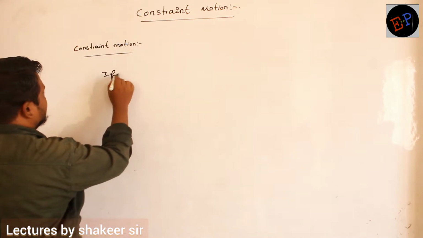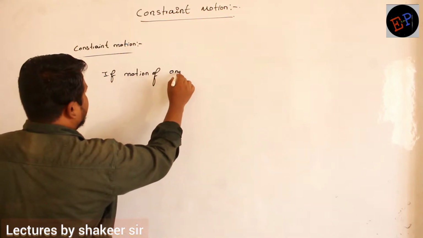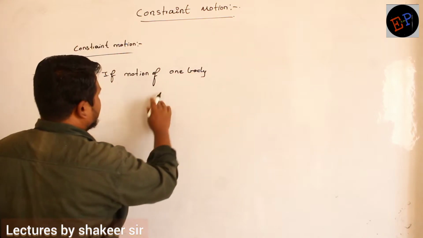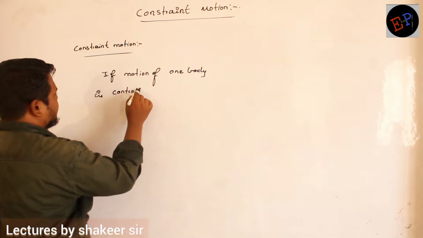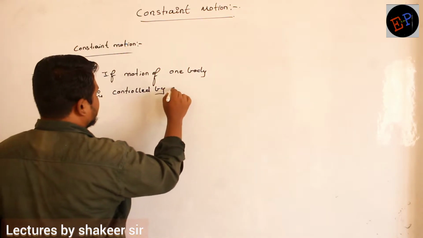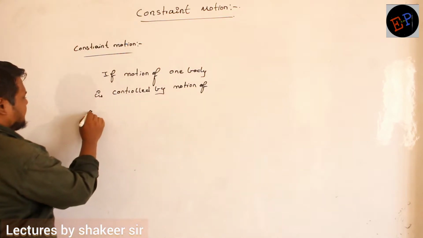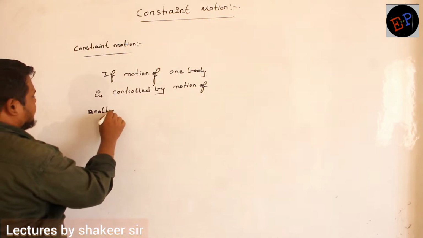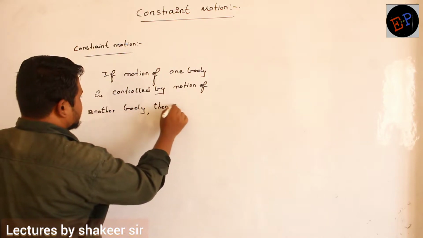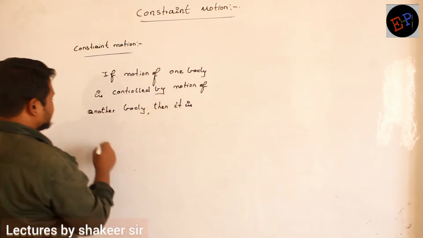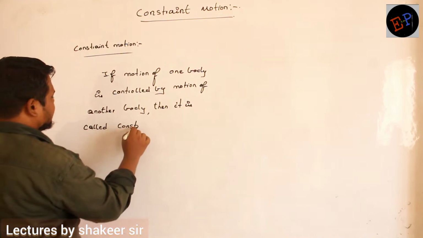If motion of one body is controlled by motion of another body, then it is called constraint motion.